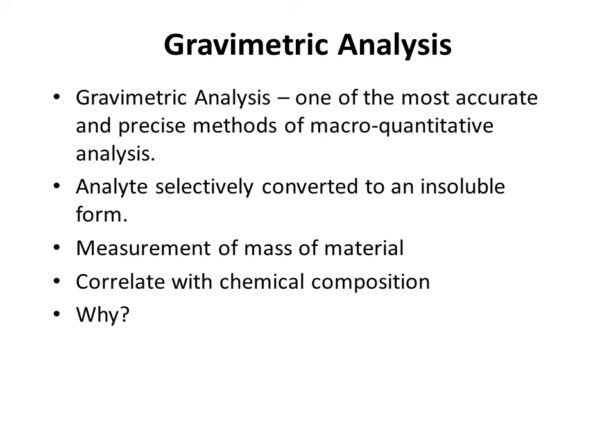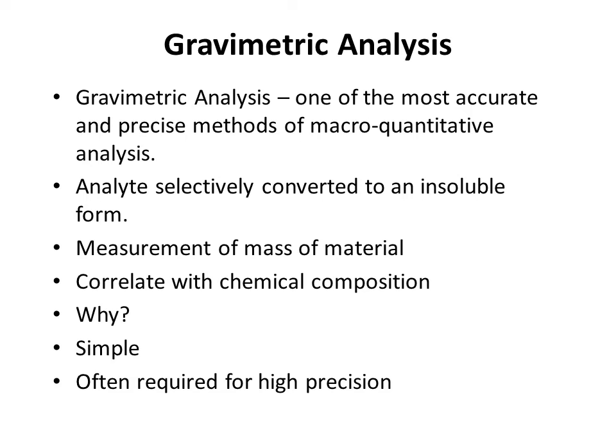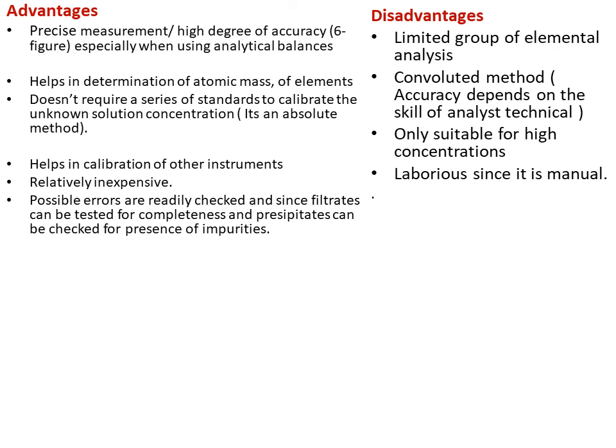What are the advantages of gravimetric analysis? It is precise, and we can measure it with a high degree of accuracy. We can use gravimetric analysis to determine the mass of elements and atoms of elements.